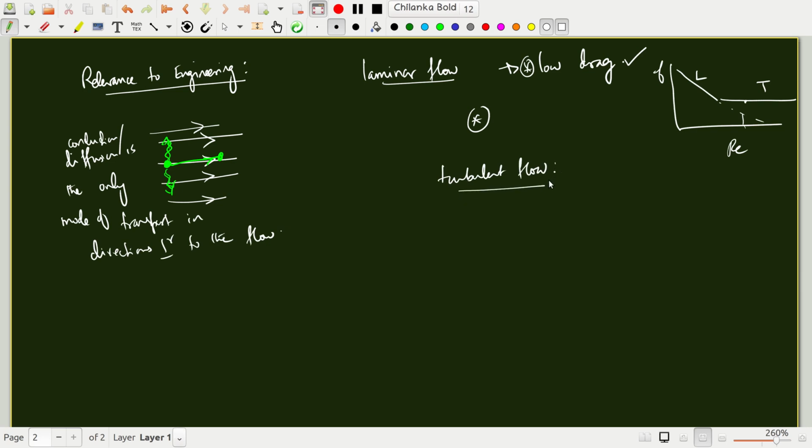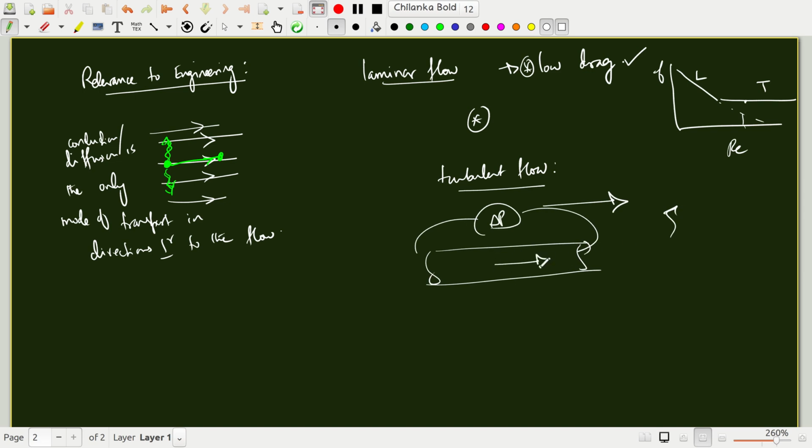Now on the other hand, if you look at turbulent flow, what I told you in the last lecture is that even though in a turbulent flow in a pipe the pressure gradient is acting only to push the flow in this direction, and the flow is on the average moving in this direction, if you look at small scales in the flow, there is very complicated motion in all three dimensions.